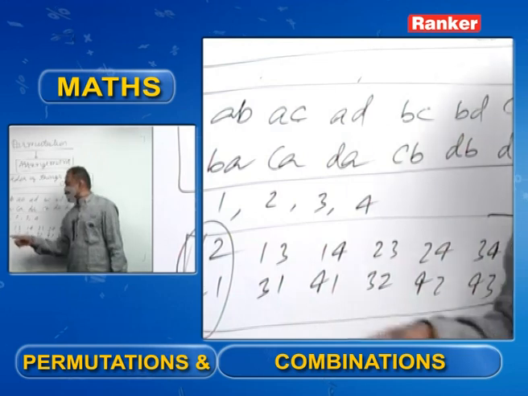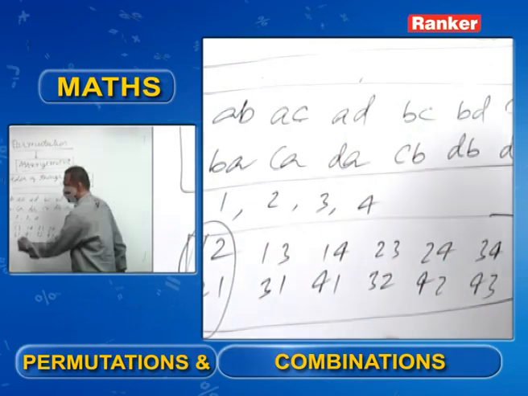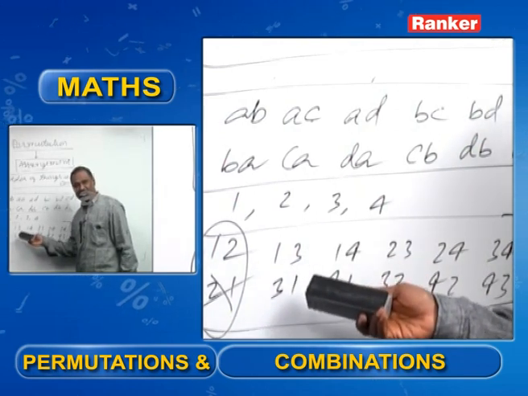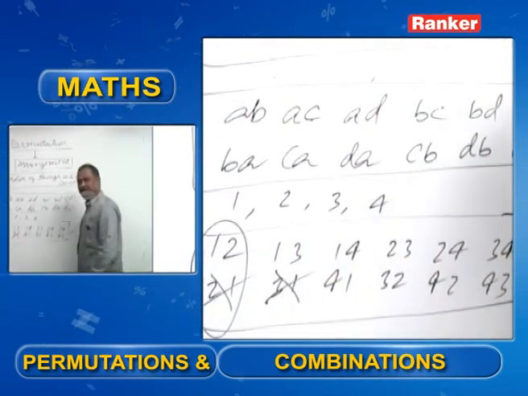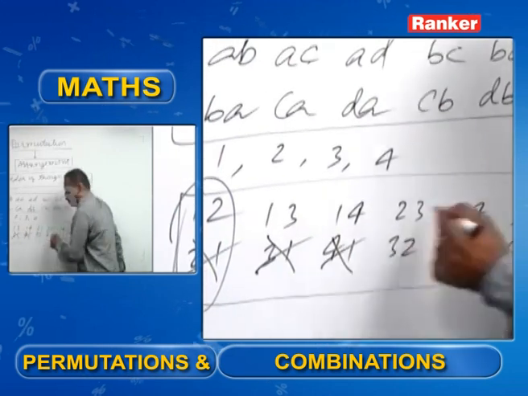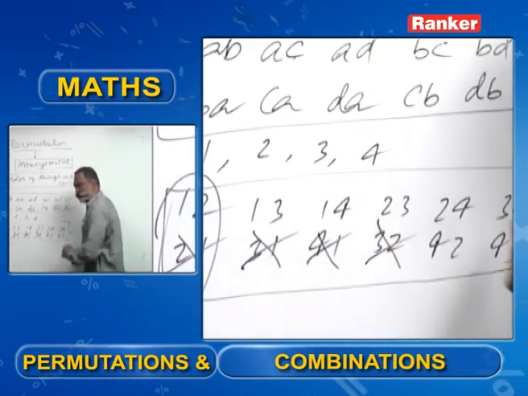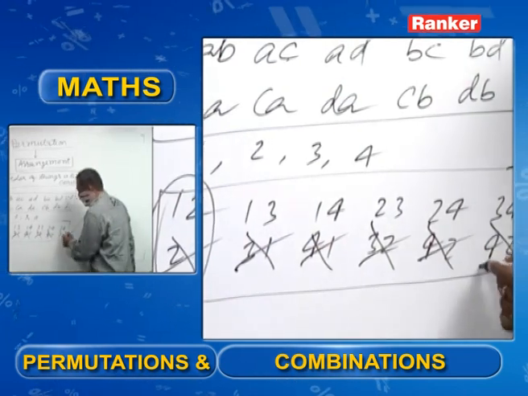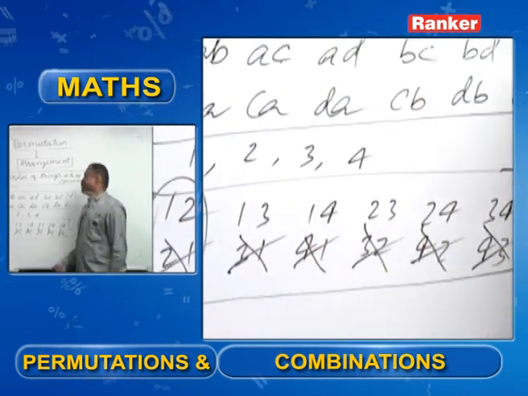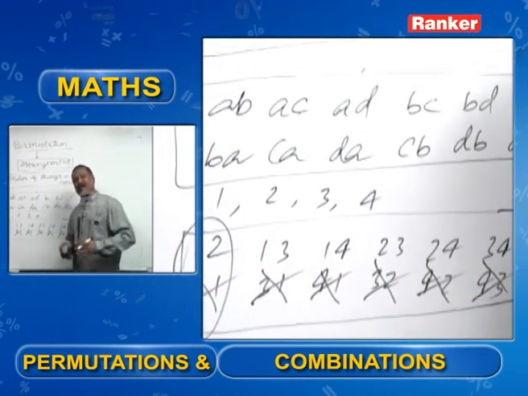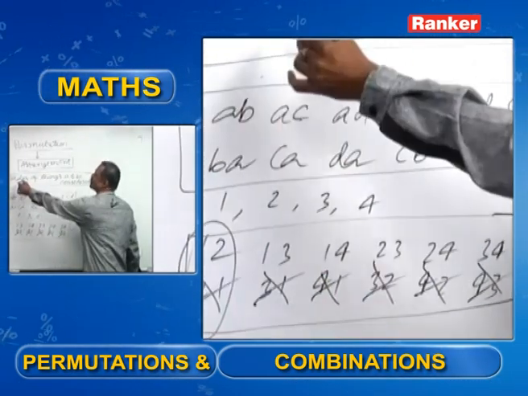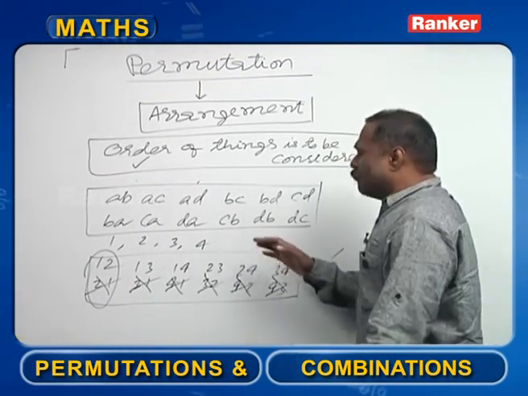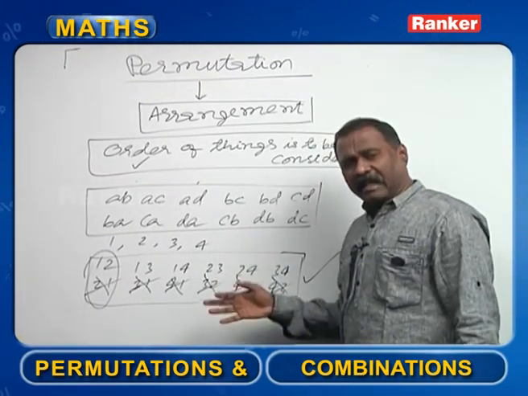Then what happens? 1 2 we need, we don't need 2 1. 1 3 we need because it is in increasing order of magnitude, we don't need 3 1. 1 4 we need, 4 1 not needed. 2 3 we need, 3 2 not needed. 2 4 needed, 4 2 not needed. 3 4 needed, but 4 3 not needed. So the same question can be altered by not considering the order of the things. So understand, we will discuss it in the combinations again.